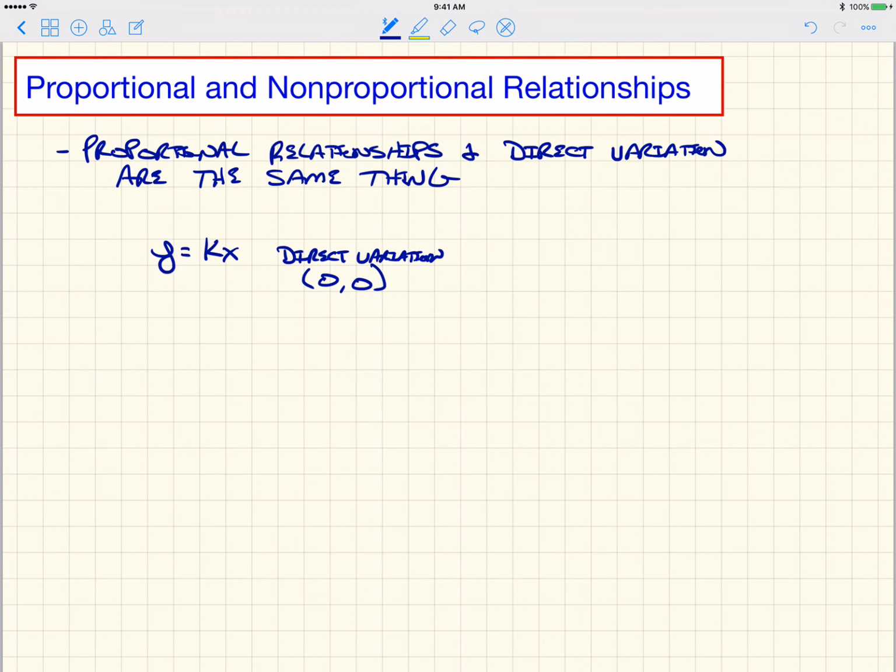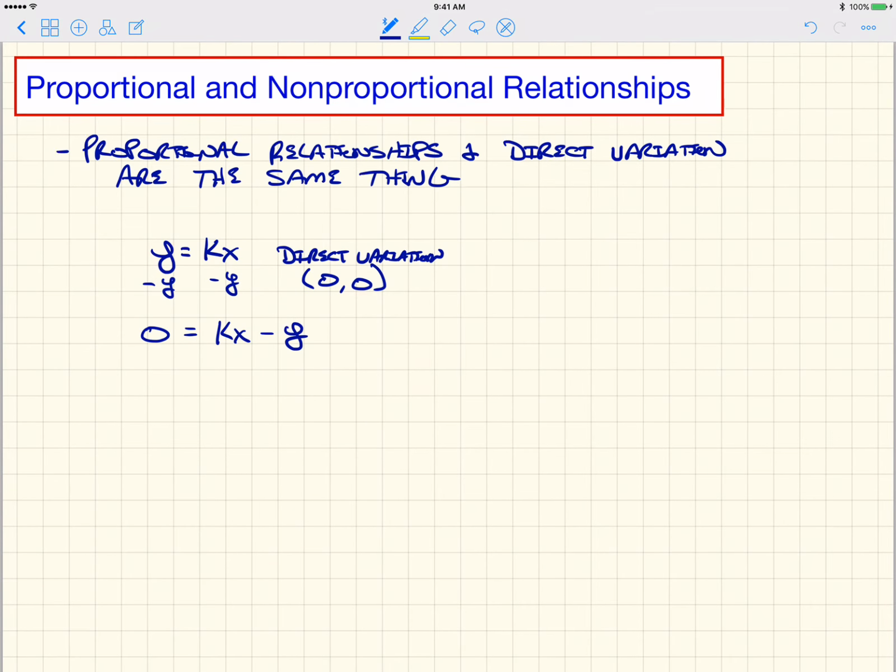The other thing that we know about direct variation is that it is a linear function, and it's a linear equation. Why? Because we can write it in standard form. So what would this look like in standard form? Remember, when we put something in standard form, we have the x's and the y's on the same side of the equal sign. If I subtract y, I would get 0 equals k times x minus y.